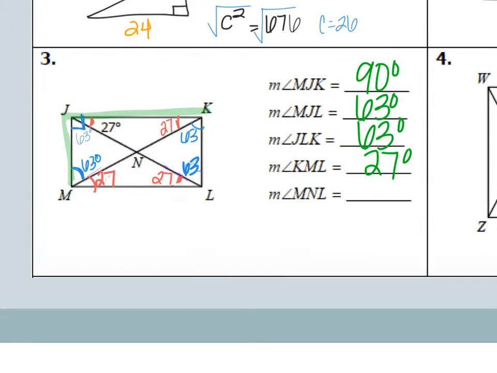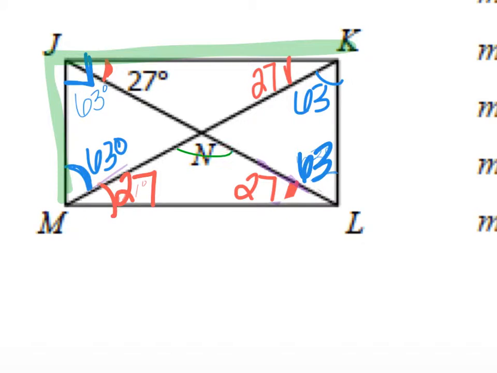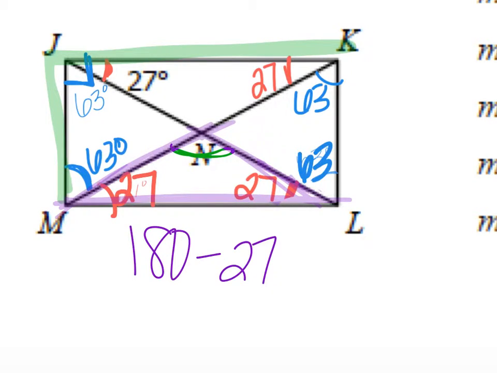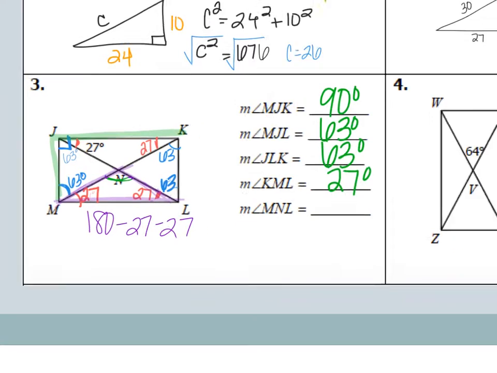MNL. Ooh, so this one wants to know this angle right here. And this is one of those cool cases where the purple triangle is going to come back. All the angles of a triangle have to add up to 180. So I know that in order to solve for that green angle, 180 minus 27 minus 27 is going to give me my green angle there.